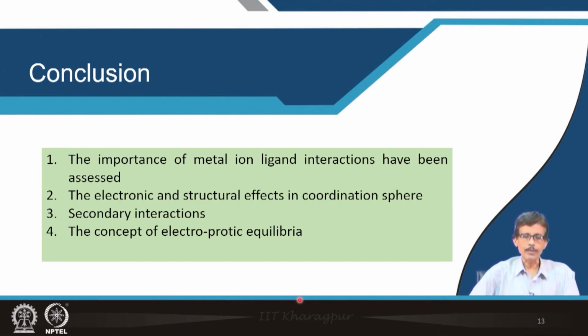Then there are the electronic and structural effects we can have in the coordination sphere. That is also important, and we can have secondary interactions like the binding of DMG and hydrogen bonding interactions. Finally, the concept of electroprotic equilibrium, where you can have electron transfer as well as proton transfer in that particular medium. We have seen all these 4 things nicely.